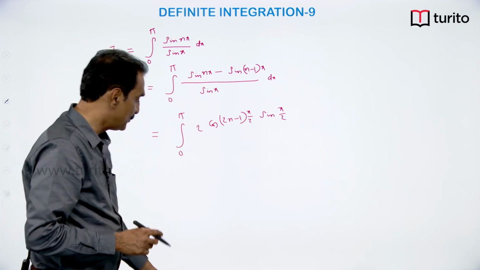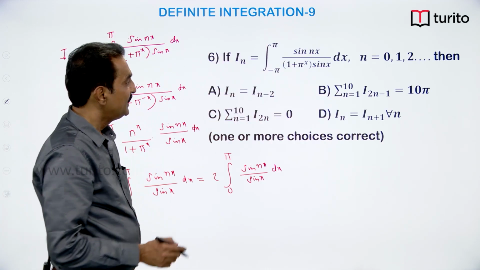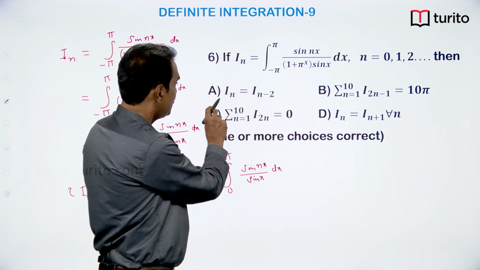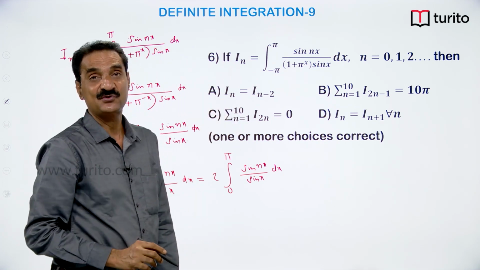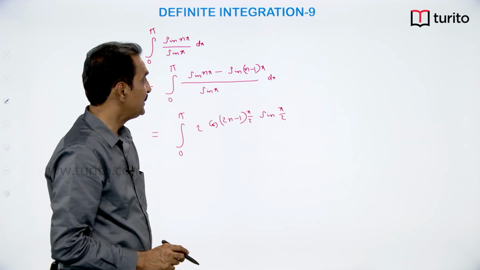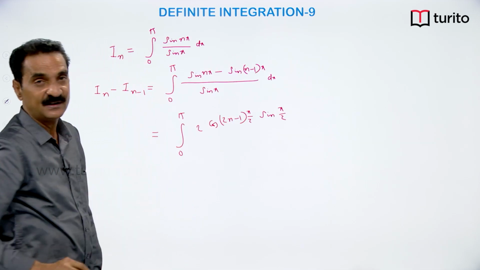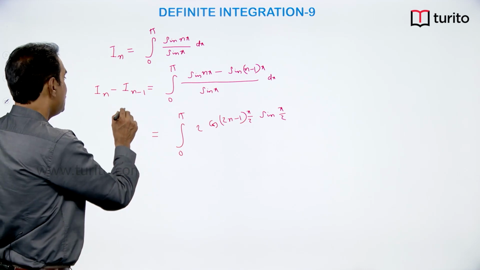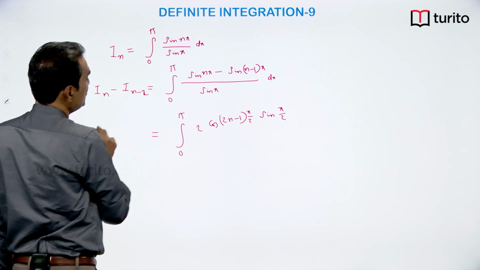So, what do we do? We observe the options. In the options, the first option is In is equal to In minus 2. So instead of subtracting In minus 1 from In, let us find In minus 2.